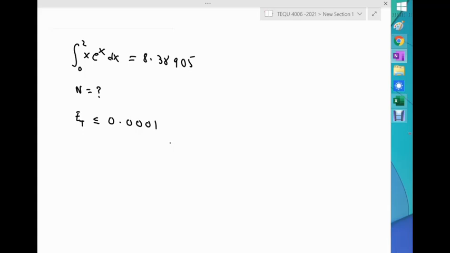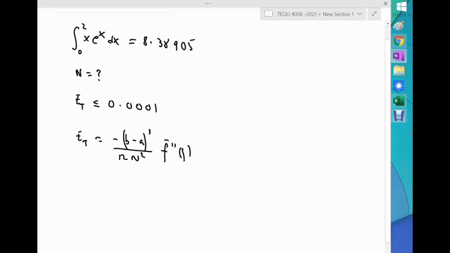If you remember the formula, what we are saying is that we want our ET, you remember this should be by formula, (b minus a) to the cube over 12 n squared times the average of the second derivative, and let's do that.